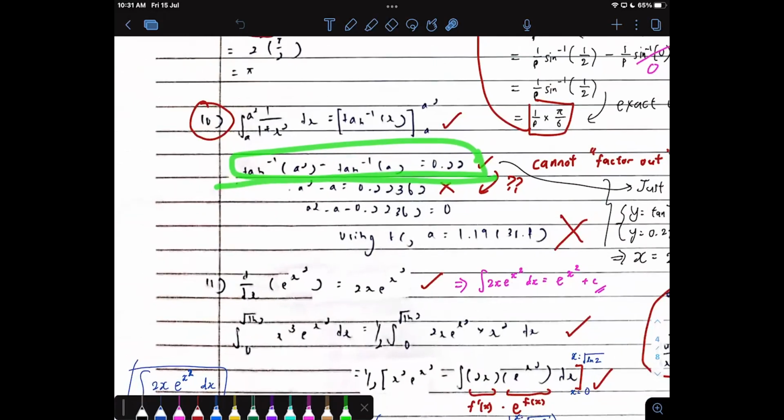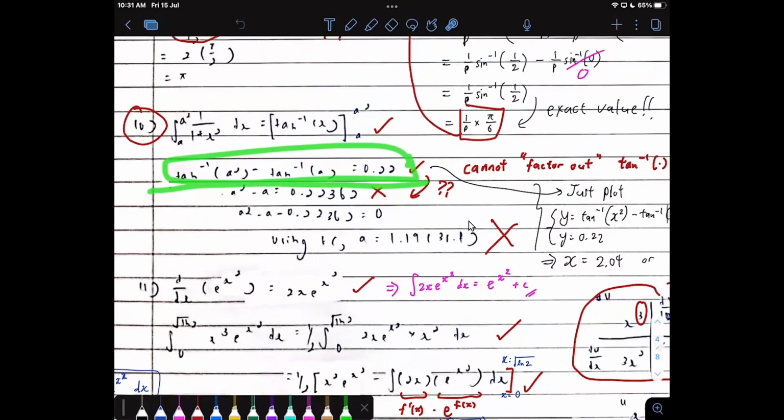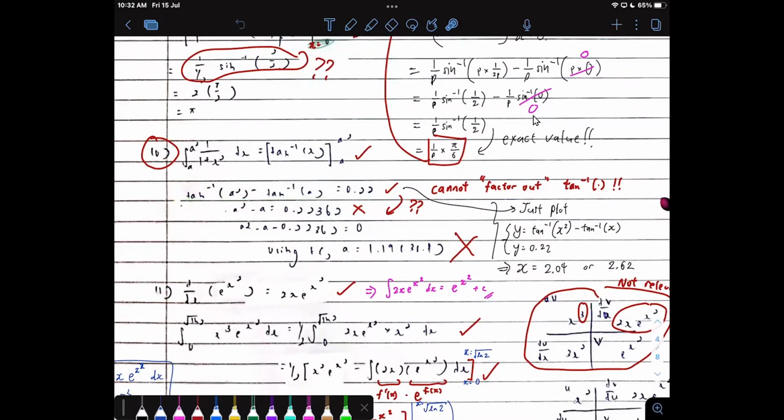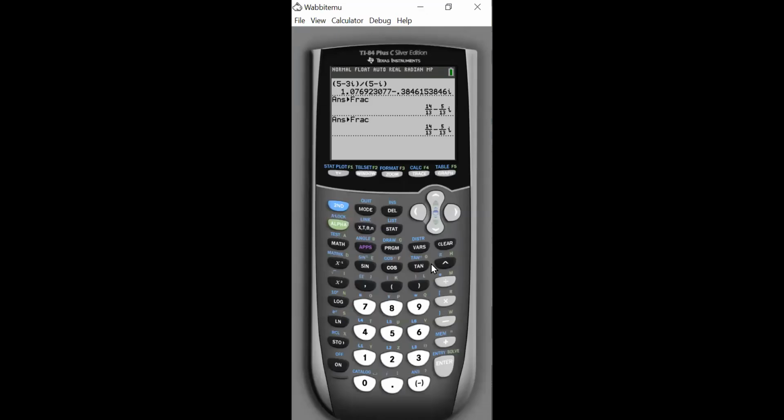Huh? Can. Okay, wait, I show you. Hold on a second. Okay, let me just share screen to my calculator. You can see the calculator? Okay, so all that you need to do actually is type in tangent inverse.